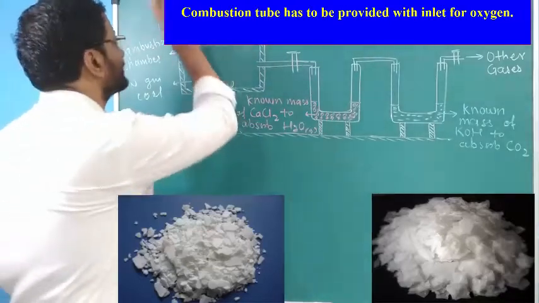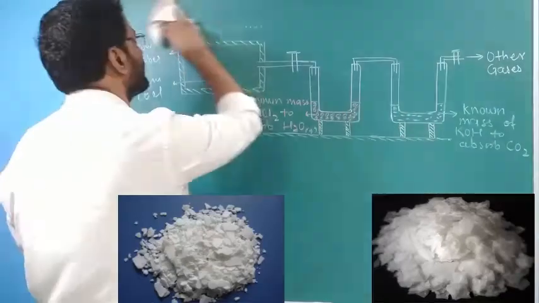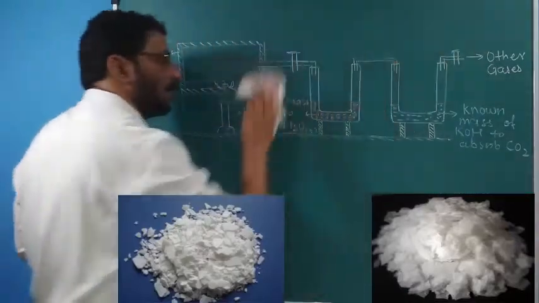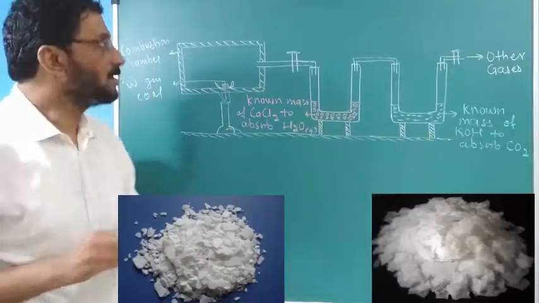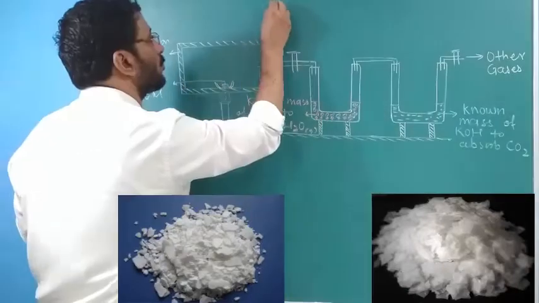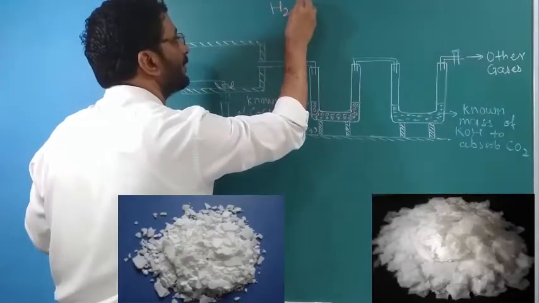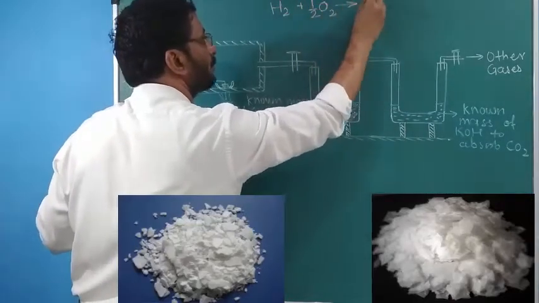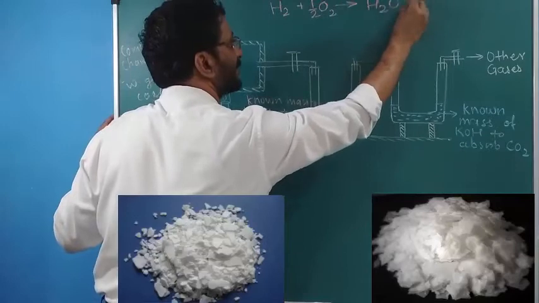I will write the reactions here. On combustion, on heating the W gram of coal, hydrogen present in the coal will undergo oxidation and form H2O gas, a simple reaction.